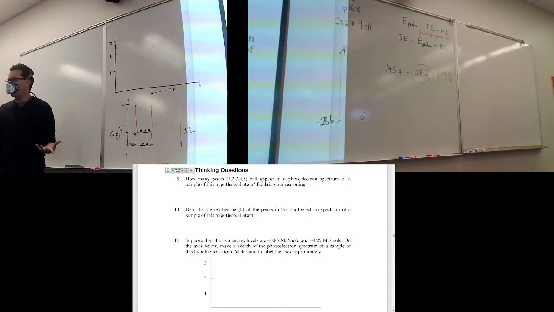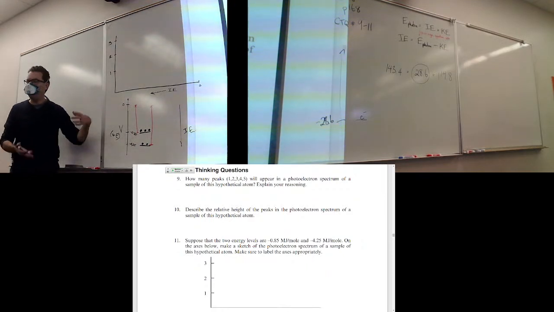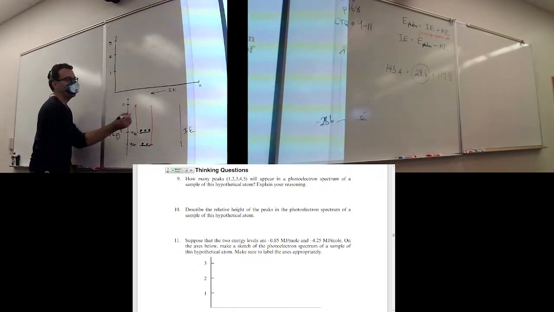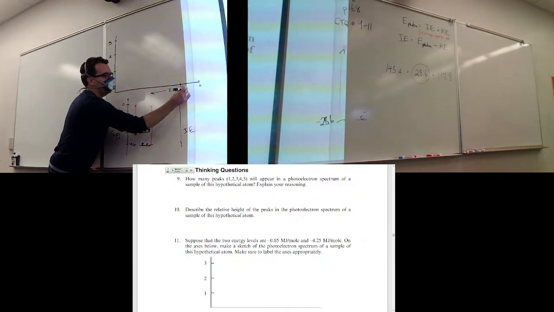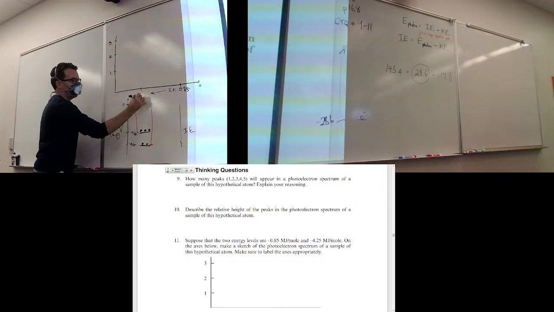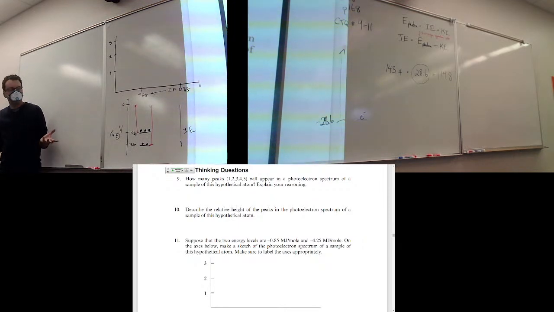So what are the ionization energies going to be? The opposite. So the ionization energy will be positive 0.85 and positive 4.25. So I should see a peak here at 0.85, and a peak somewhere over here at 4.25. Exactly where you put them is not a big deal, but I'm going to see 2 peaks.